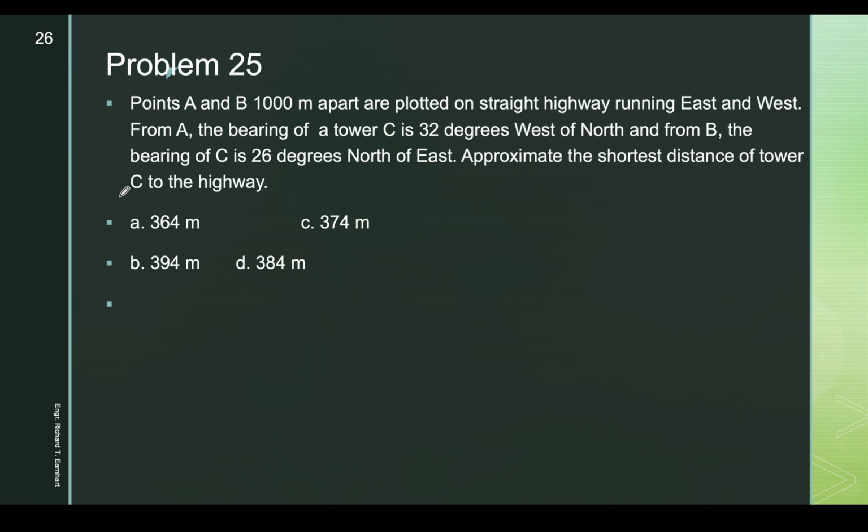Now let's have problem number 25. So points A and B, 1,000 meters apart, are plotted on a straight highway running east and west from A. The bearing of a tower C is 32 degrees west of north, and from B the bearing of C is 23 degrees north of east.